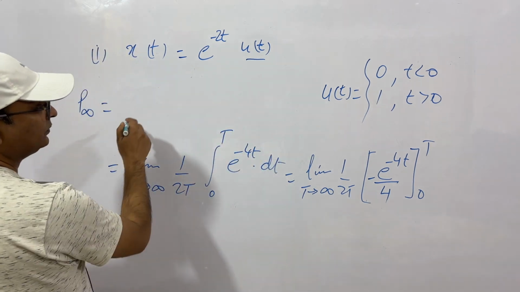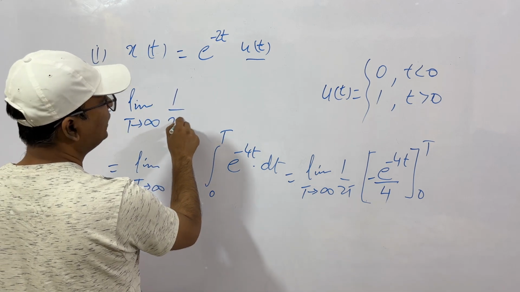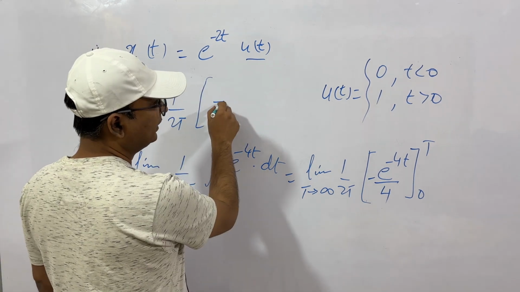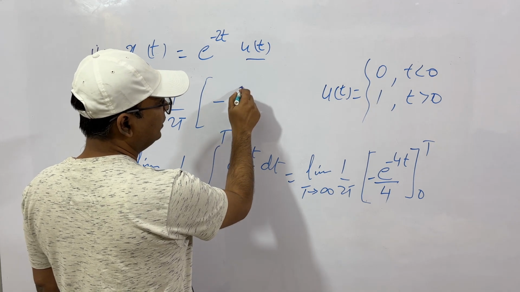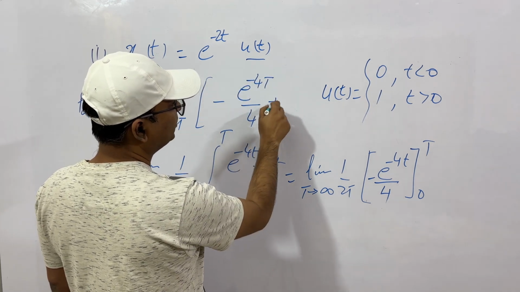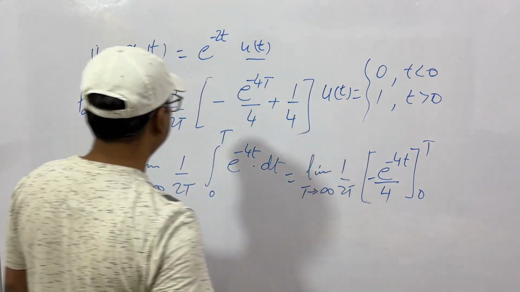So what is it? It will be limit t tending to infinity 1 by 2t. The first value will be minus e to the power minus 4t by 4, and minus minus plus 0 gives 1 by 4. So this is the value.